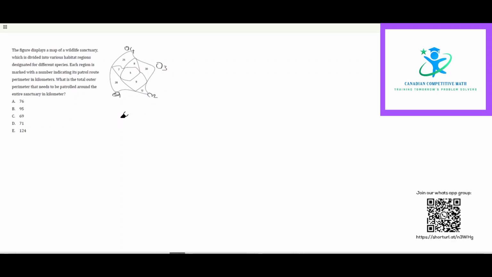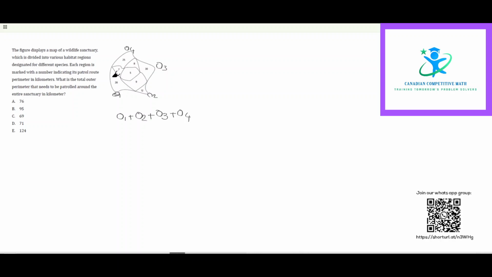So what he wants to know is the sum of the outer segment lengths: O1 plus O2 plus O3 plus O4. That's what we wanted to know. But we don't have the lengths of O1, O2, O3 and O4. He has given the overall perimeter of each subsegment here.